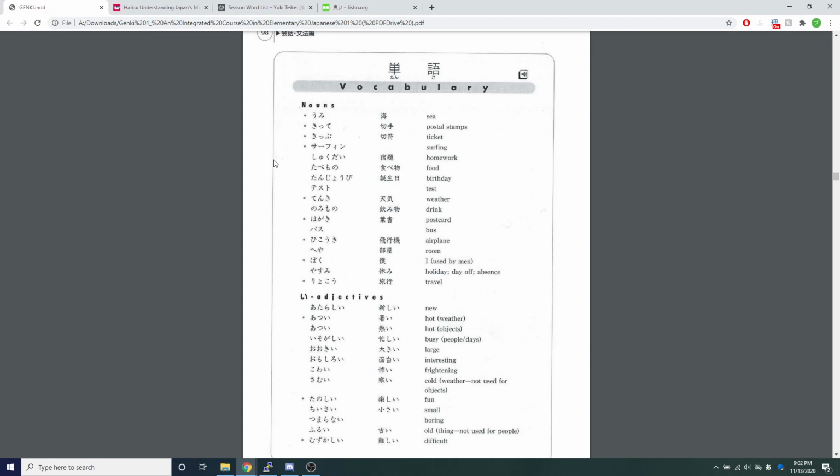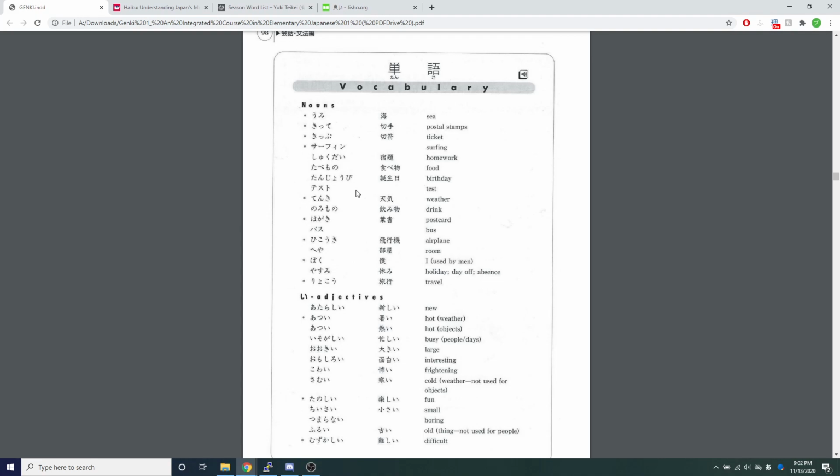Tanjoubi is birthday. So you can say, O tanjoubi omedetou gozaimasu. Happy birthday. Testo. There's a more formal word for test that is used to mean exam, which is shiken. Testo has sort of the nuance of a small test, a quiz, usually.